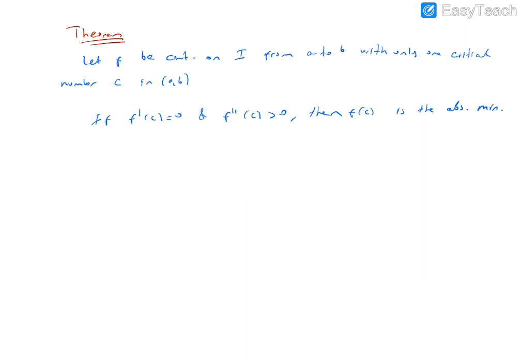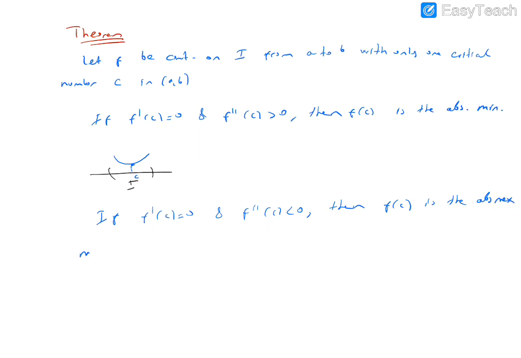So what is the graph? Actually, on the open interval I, the function has only one critical point, so the graph is like this one. So this point is C, so this is a local minimum. If f prime C equals 0, this critical point, and f double prime C is less than 0, then f of C is the absolute maximum.